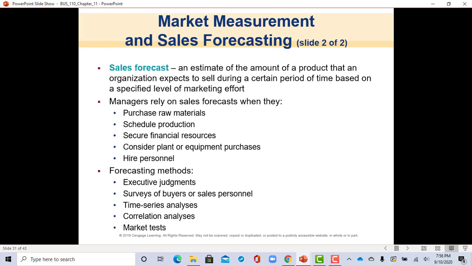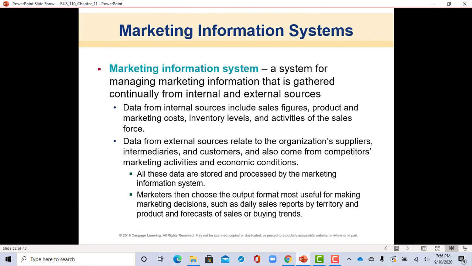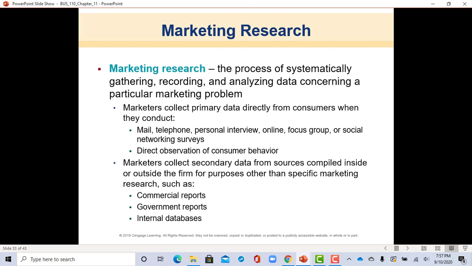To assist with complicated predictions, many companies utilize sales forecasting software. Marketers have a wealth of data accessible through two major channels, a marketing information system or marketing research. The internet has made marketing research easier and cheaper than ever before.